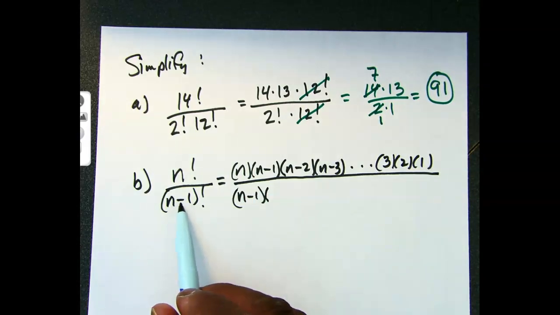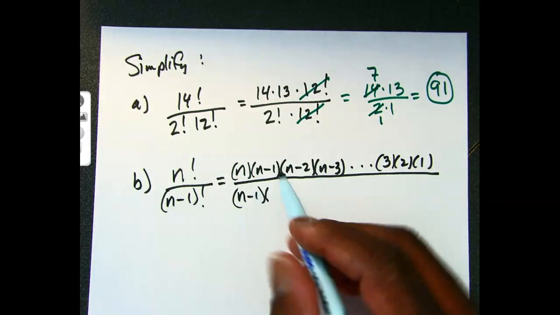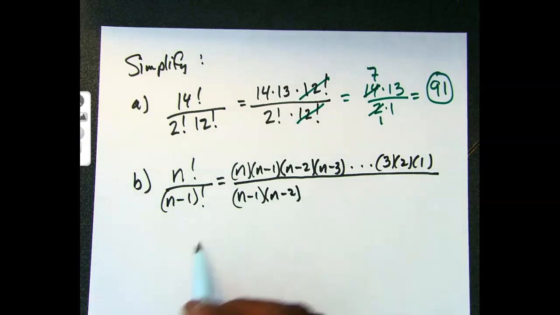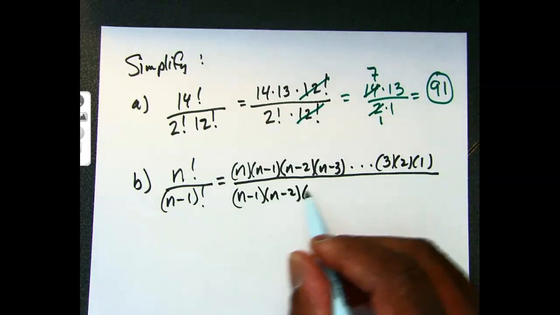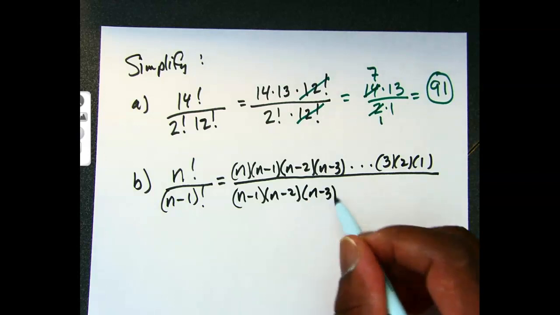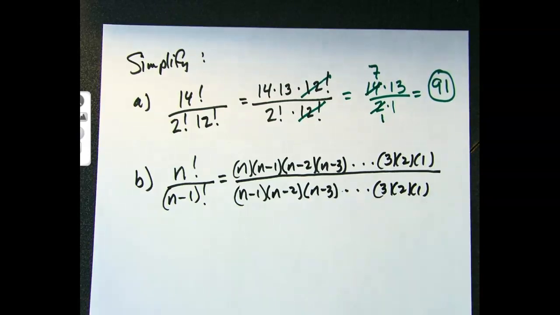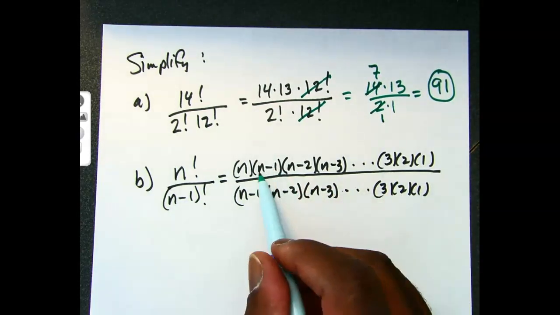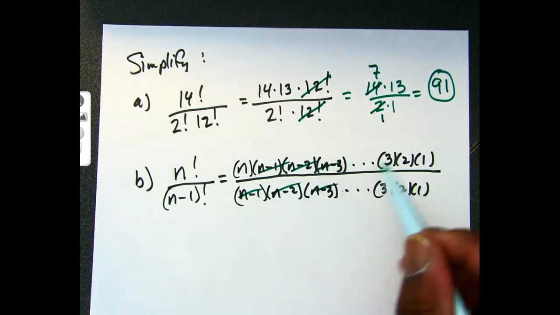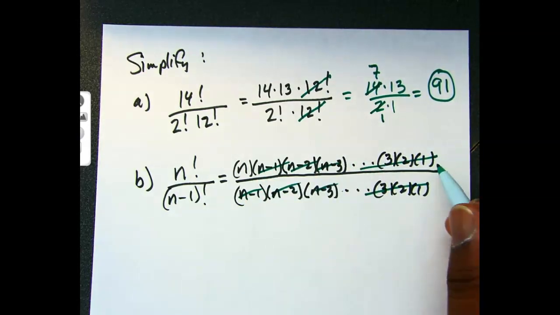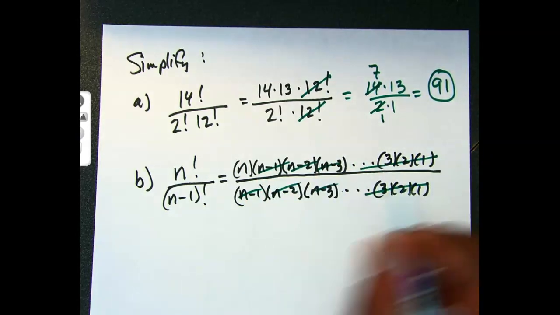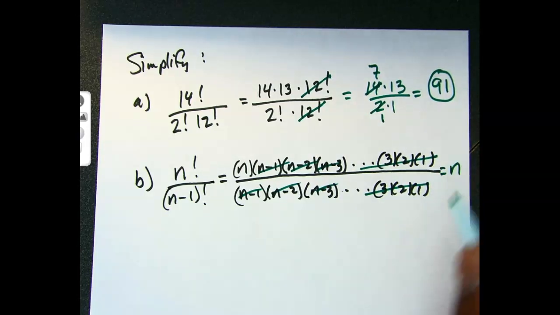So that would be n minus 1 minus 1, which is n minus 2, and then minus another one, n minus 3 times 3 times 2 times 1. So in this case, the n minus 1 and all of that reduced to 1, and our final answer is just n.